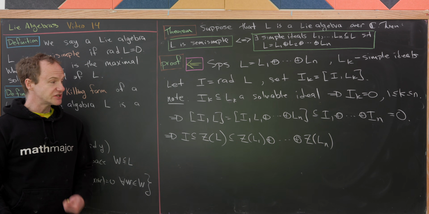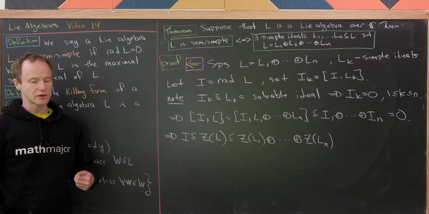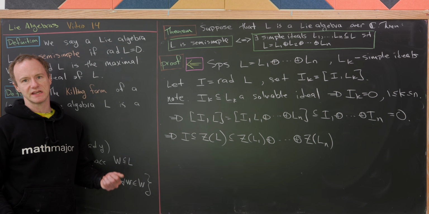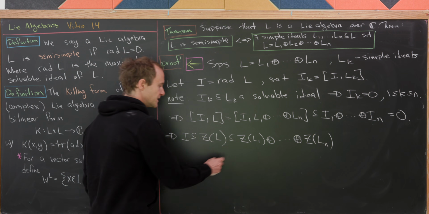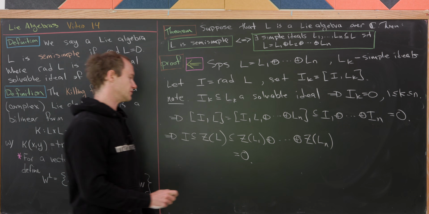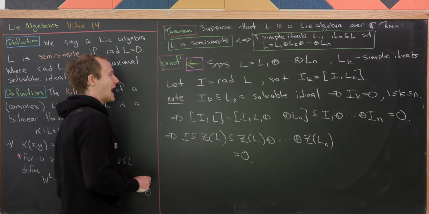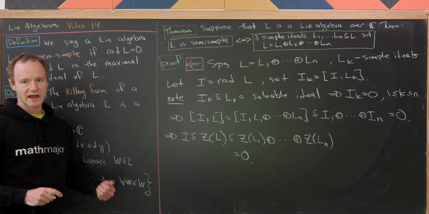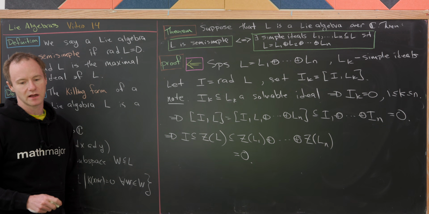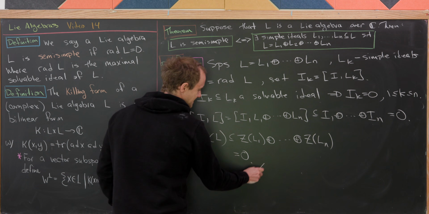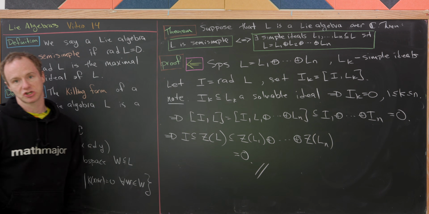But then each of those centers is equal to 0 as well because each of the L's are simple. So this is equal to 0. But now we've got I is equal to 0. Remember that I was the radical of L. So if the radical of L is equal to 0, that means L is semisimple. And that's exactly what we needed to show.